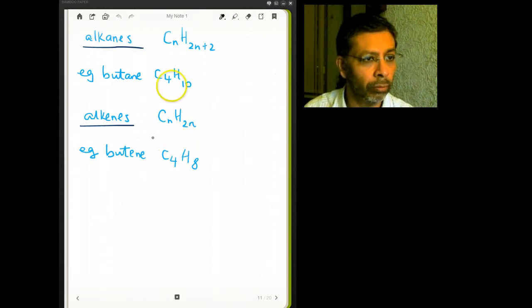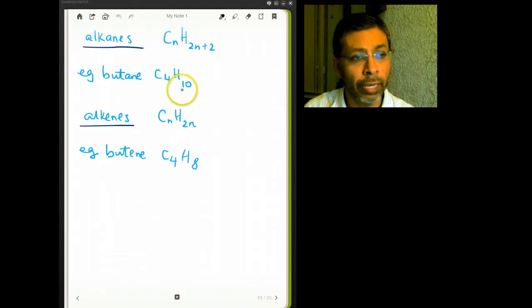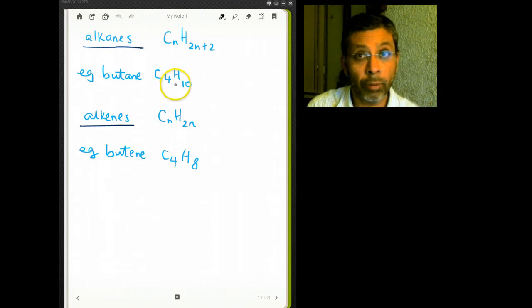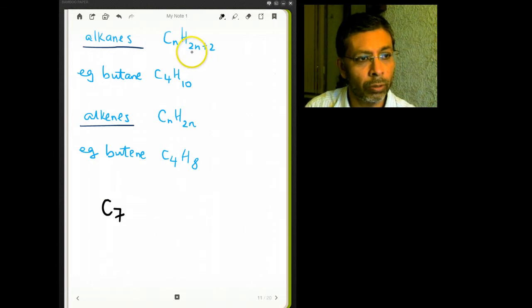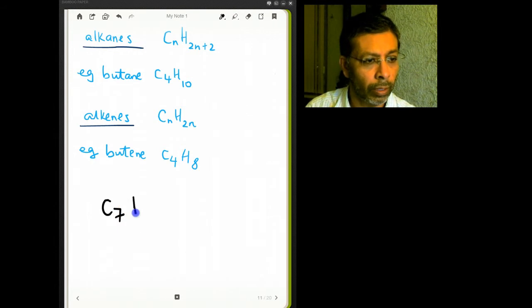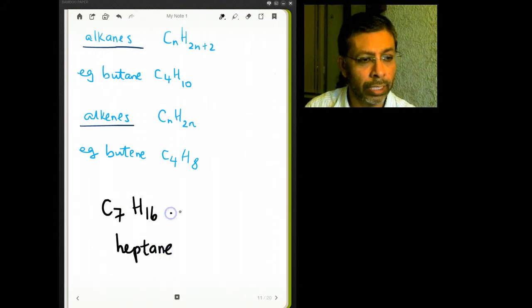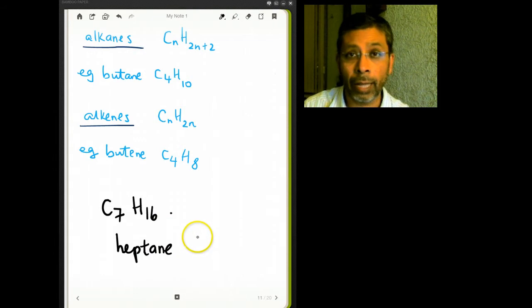If you're asked to write a formula for an alkane and they gave you the number of carbons, for example 7 carbons, then you could say C7 and then H2n+2: 2 times 7, 14, plus 2 is 16, so H16, and that would be heptane. So you could quite easily work out the formula of any alkane or alkene using the general formulae.